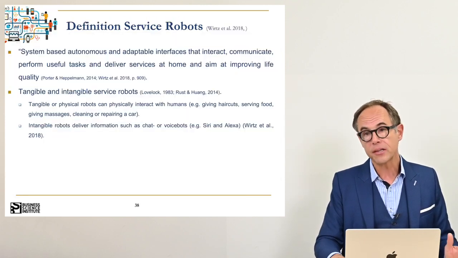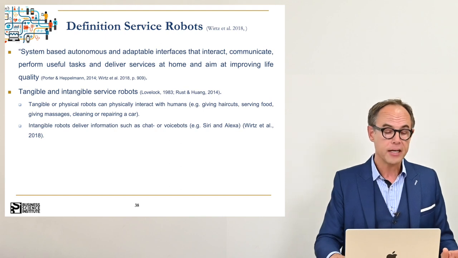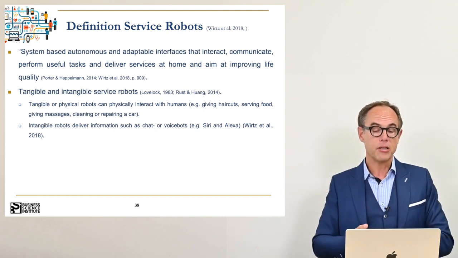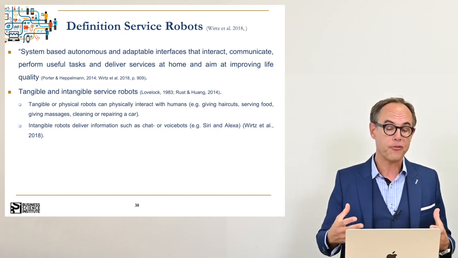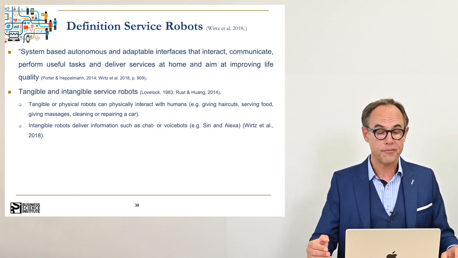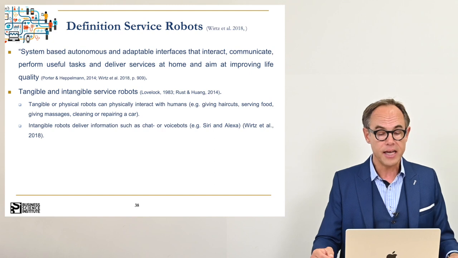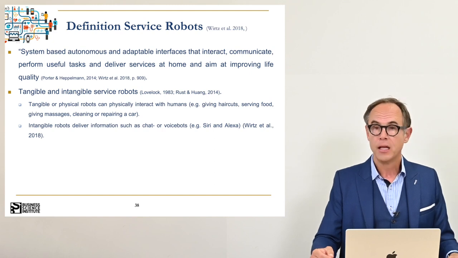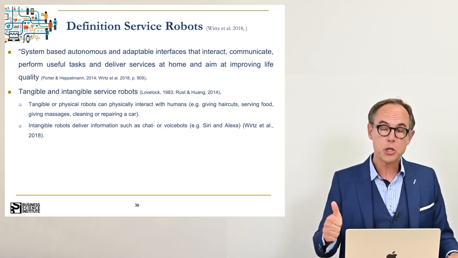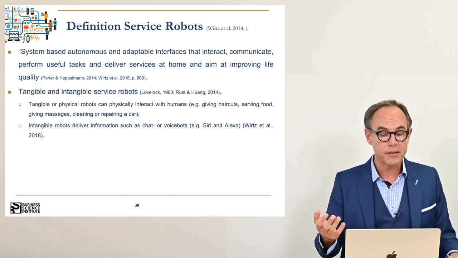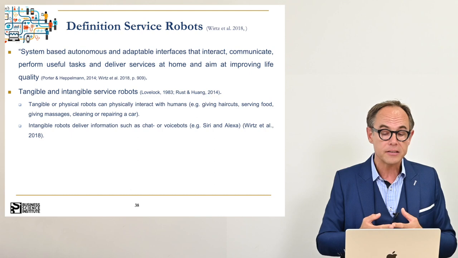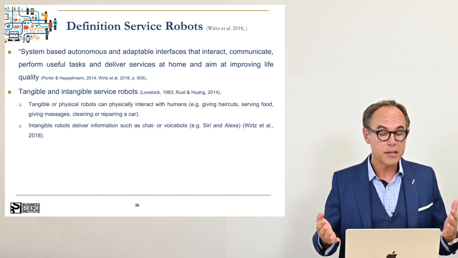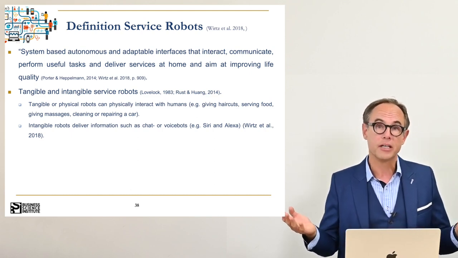Chatbots and service robots are another application of AI. They are system-based, autonomous, adaptable interfaces that interact, communicate, and perform useful tasks to deliver services at home and aim at improving life quality. They can be tangible, like physical robots that can physically interact with humans, for example, give a haircut, serve food, giving messages, or cleaning a house or cleaning a car.